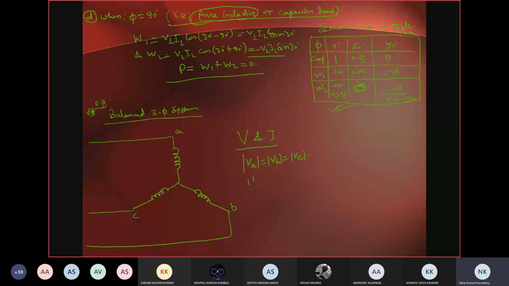Along with these two conditions, for the voltages as well as the currents, that is VA, VB and VC, there should be a phase difference of 120 degree between the phase EMFs or voltages, and this condition should also hold good for the currents IA, IB, IC.